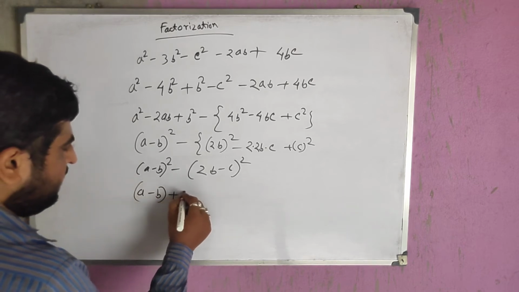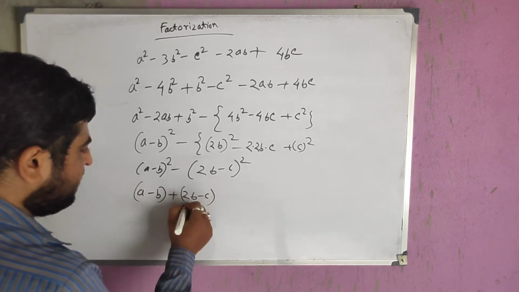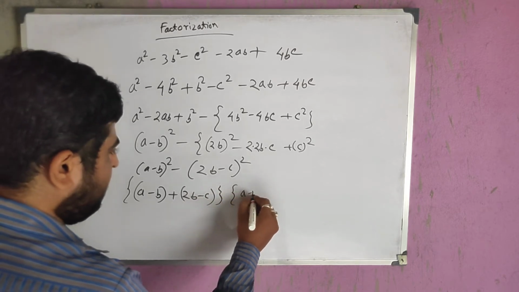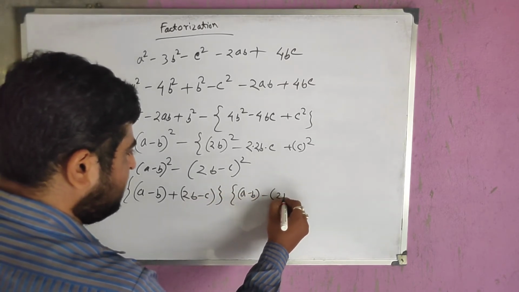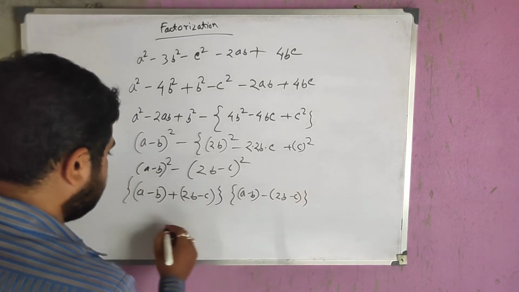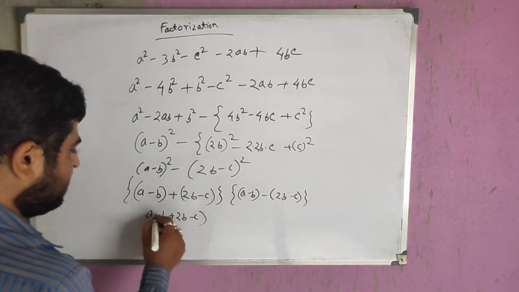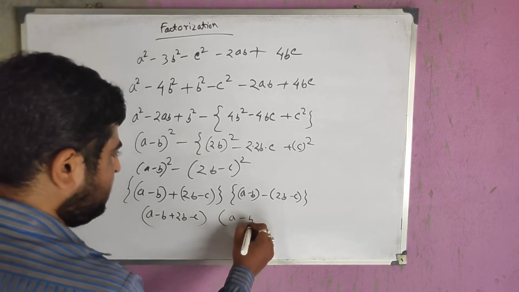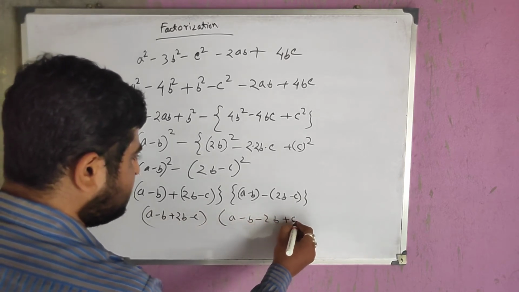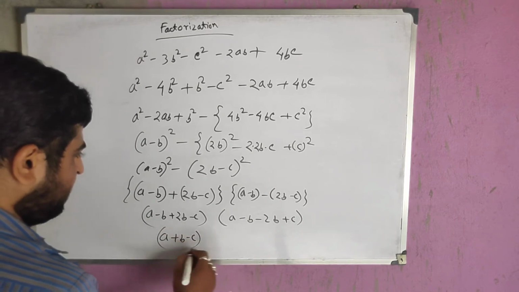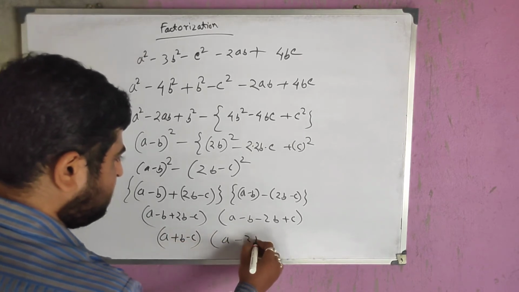So a plus b and a minus b. So a minus b plus 2b minus c, a minus b minus 2b plus c. So it will become a plus b minus c, and a minus 3b plus c.